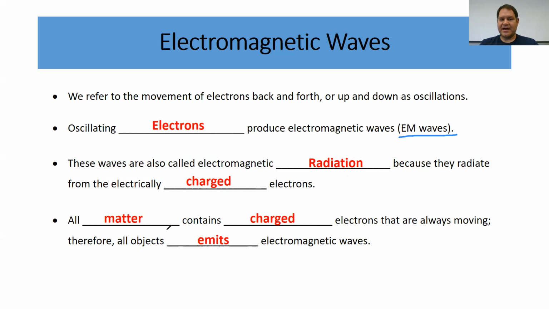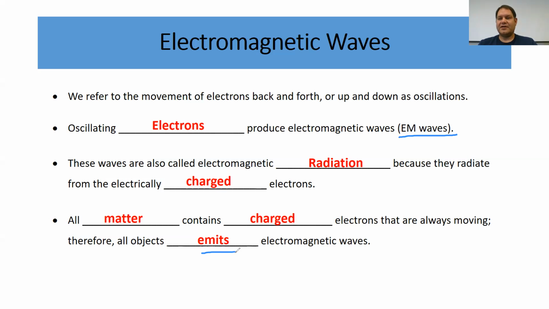All matter has charged electrons, right? So therefore, all matter is going to emit light. Everything emits light that is made up of electrons or charged particles. So since you are made up of electrons, there are electrons all over inside you, those electrons are going to oscillate and emit light.